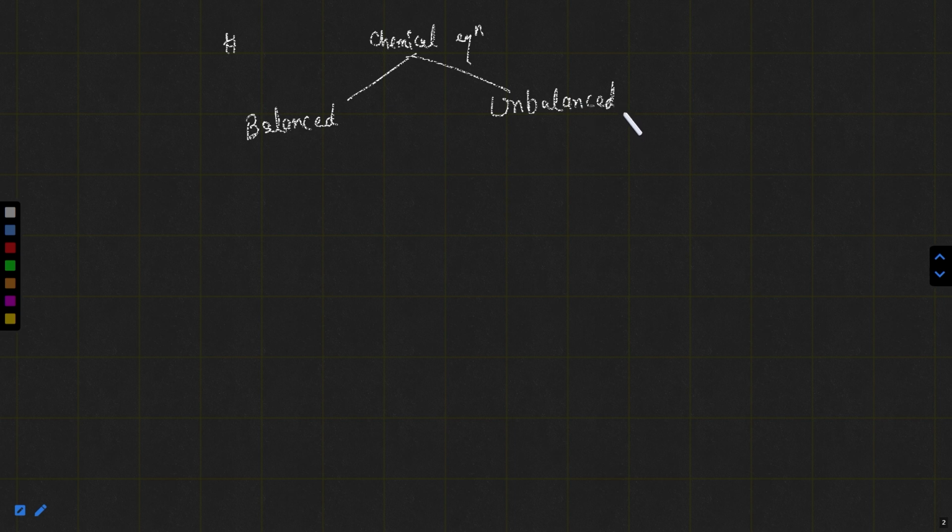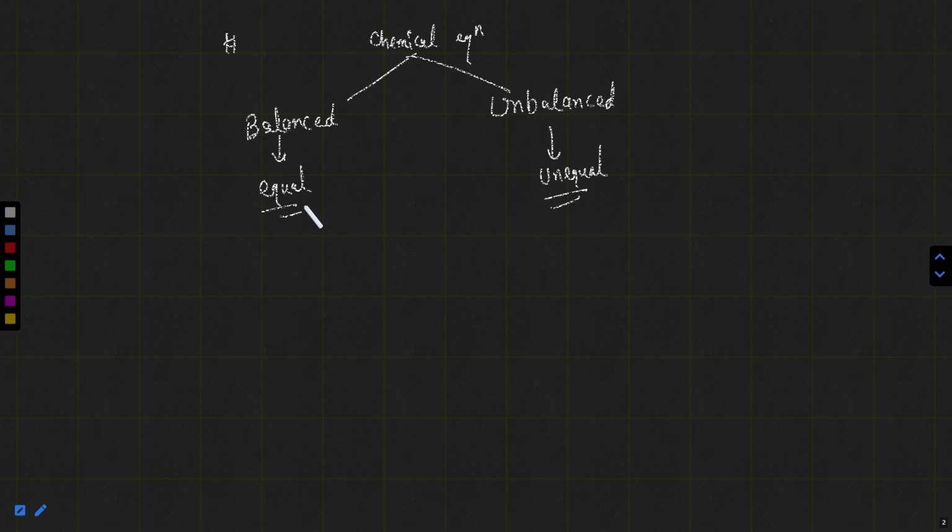The total number of atoms of each and every element in the reactant side and product side are not equal. But in a balanced one, the total number of atoms of each and every element in the reactant side and product side are equal. So I am writing here equal, and here unequal. So this is the representation.